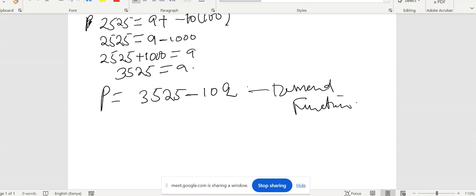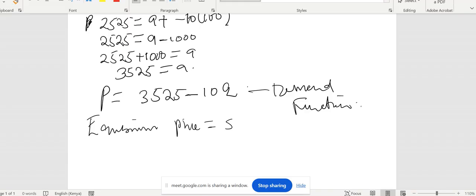So the moment this is the demand function, the equilibrium price, remember we said equilibrium price is a point at which supply is equal to demand.